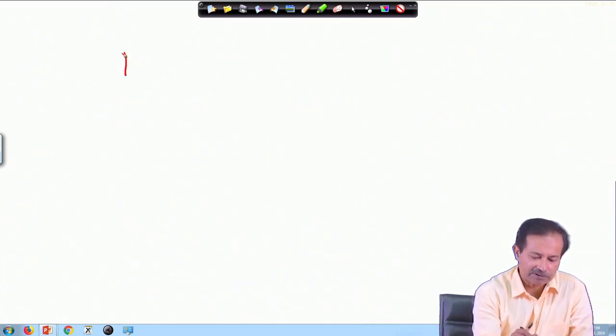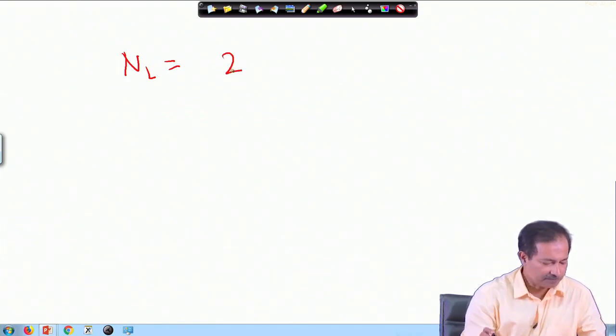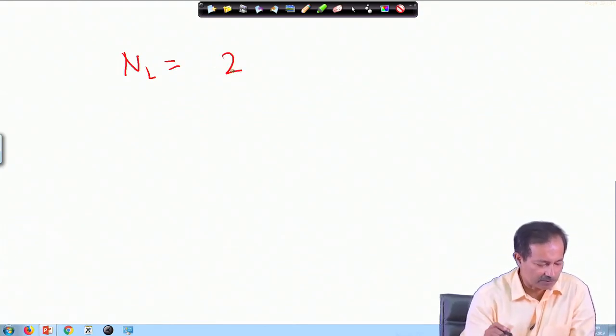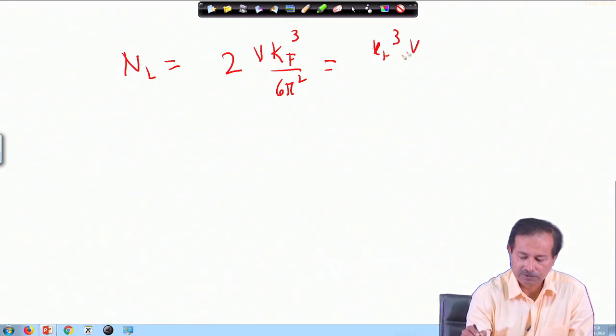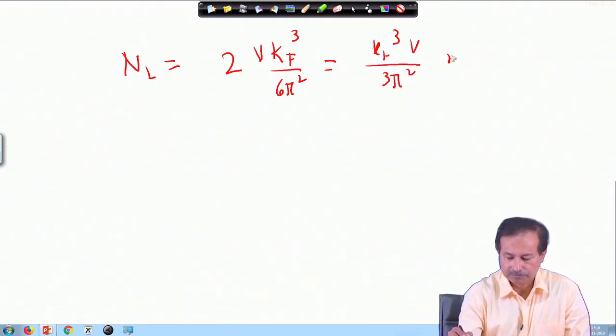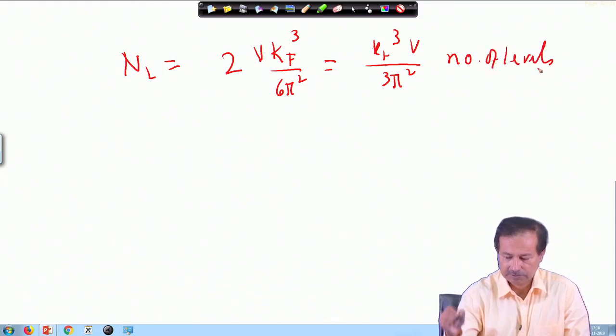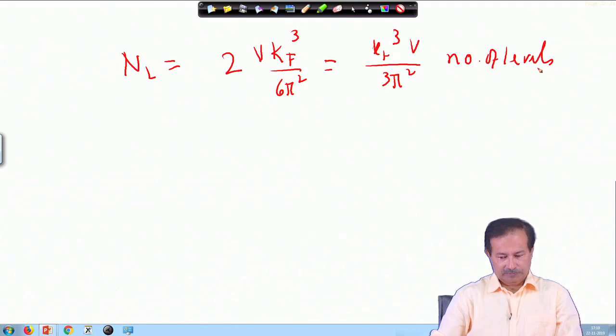So, the number of levels then is n equal to 2 times this number that we just calculated, k f cube by 6 pi square into V. So, that is k f cube V by 3 pi square. So, number of levels in that volume of k space.